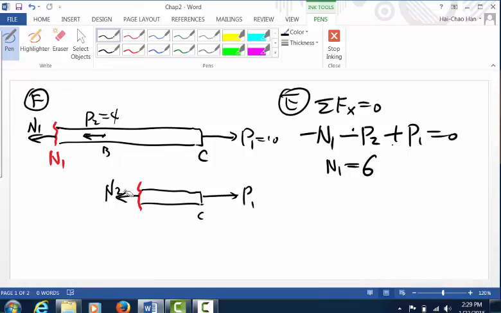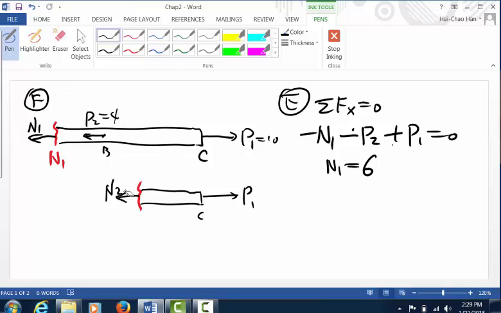There's no other force. What about P1? When I make this cut, does P1 apply on this piece? No. P1 applies on point B, and I'm not looking at point B. Sorry, I said P1, but I meant P2 doesn't apply.